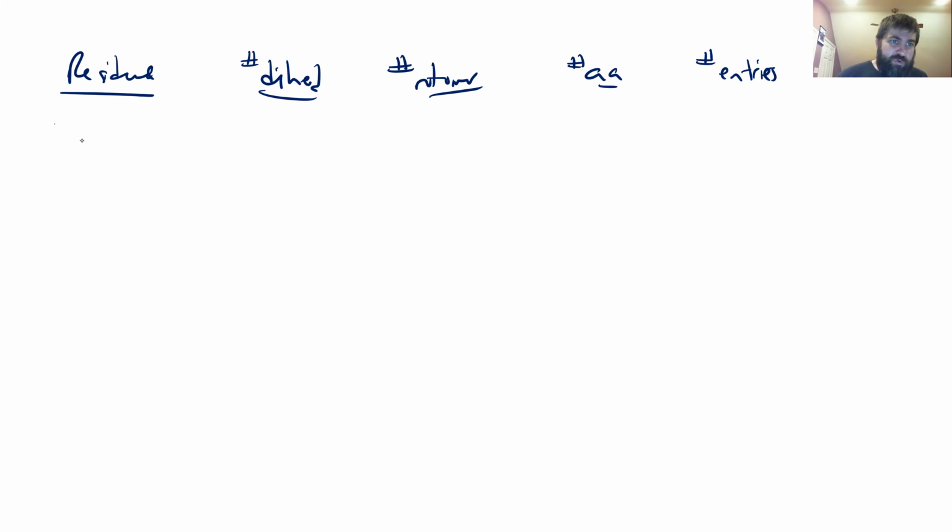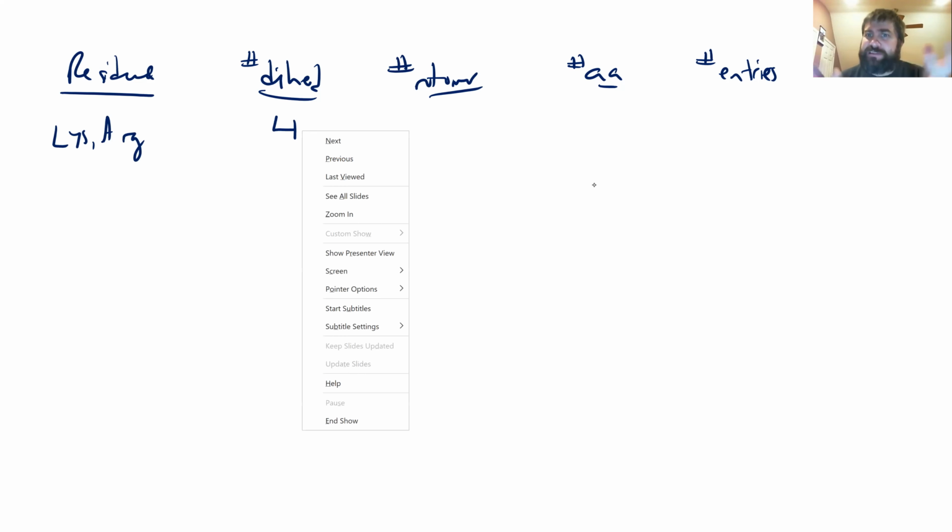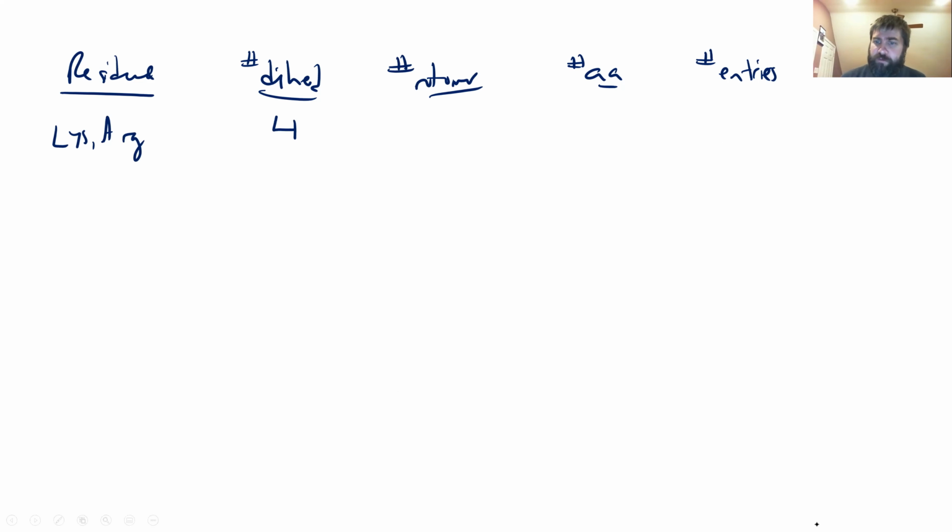There are two really big ones, lysine and arginine. These both have 4 dihedral angles. Each dihedral angle has about 3 degrees of freedom, and this is a back of the envelope calculation. There are much more informed ways to do this, but it doesn't really matter for our purposes.